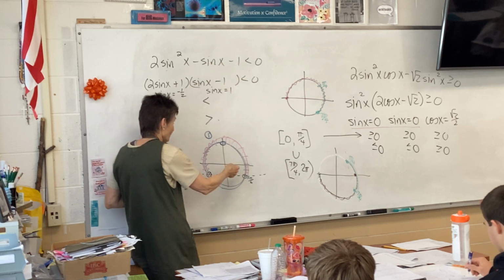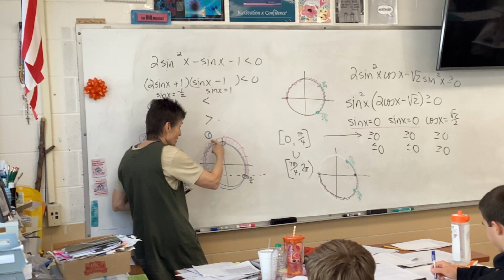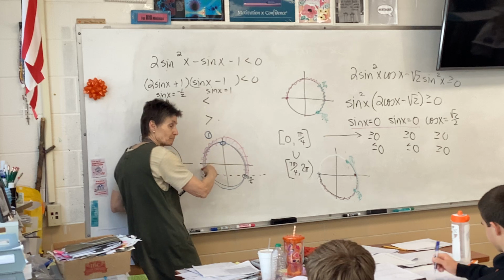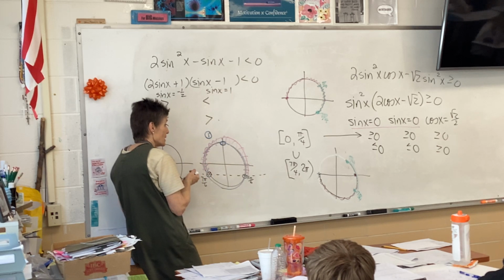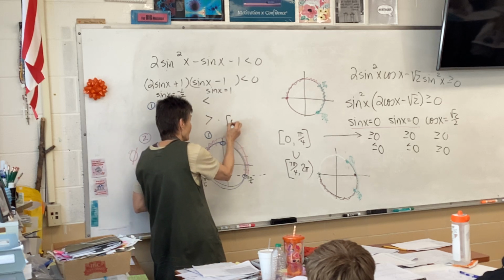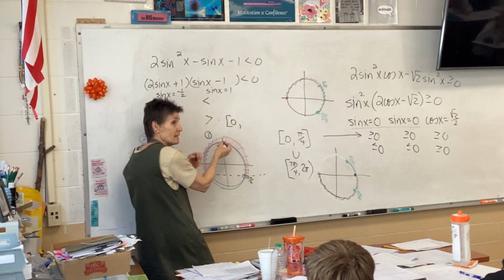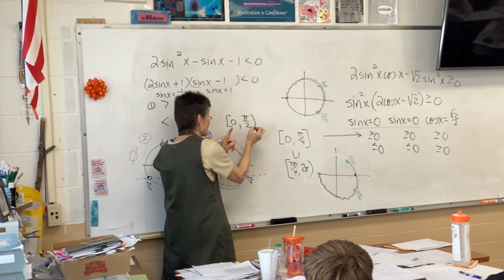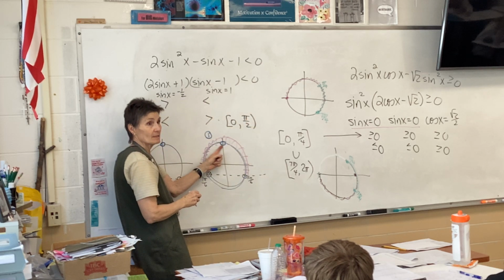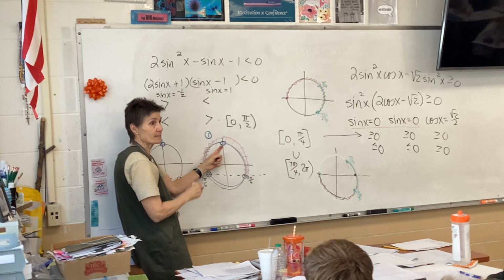So, are you seeing the same intersection I am here, this squiggly? We have to be careful how we write that though. Starting at 0, we're gonna go till we get to pi over 2, because that is not shaded in. It's a less than.